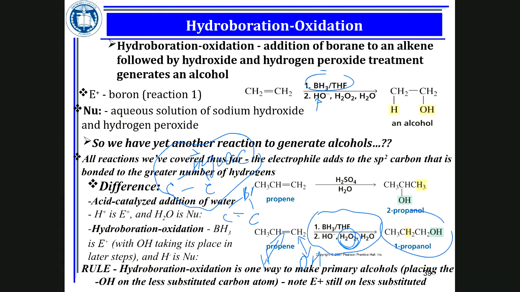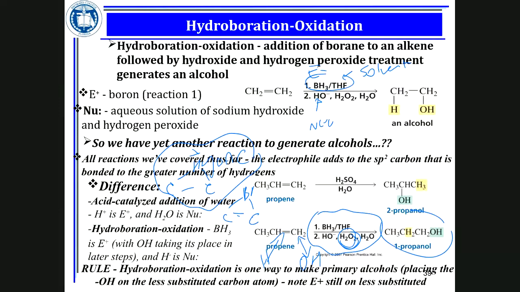So other points you work on. BH3 is the electrophile, and OH is the nucleophile. THF here is just the solvent, or basically it's going to stabilize the BH3 because BH3 is very unstable. Since BH3 is very unstable, they usually keep the BH3 in THF, which is tetrahydrofuran.